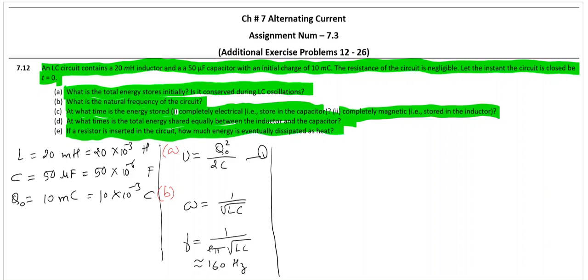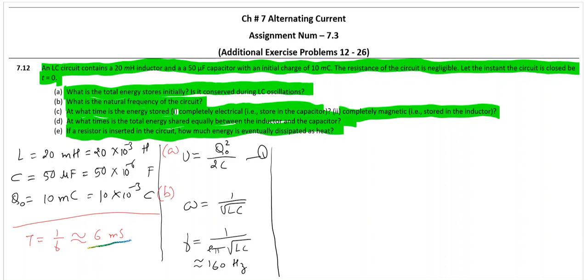So if you find the time period T, which is 1 by f, it will come out to be 6 millisecond approximately. Now, what does it mean? What is the significance of this time, 6 millisecond? We'll realize it very soon.